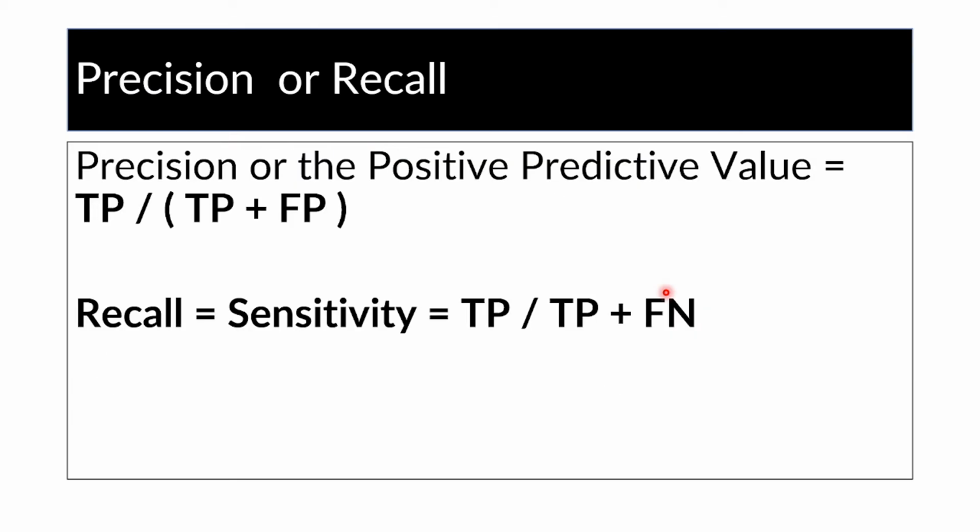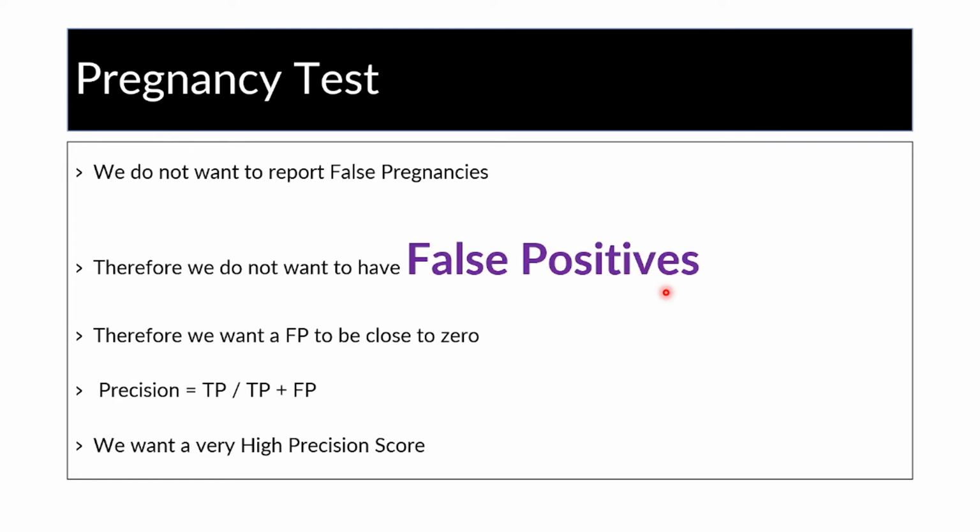What is precision? Precision, or the positive predicted value, is the true positive divided by the true positive plus false positive. The recall, or the sensitivity, is the true positive divided by the true positive plus false negative.